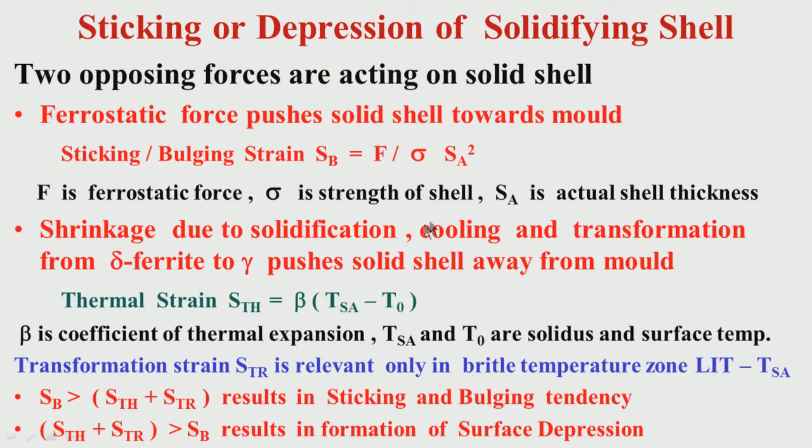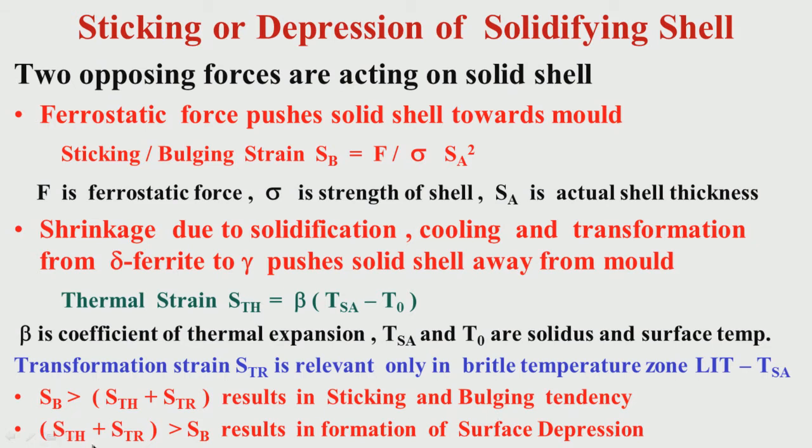Solidification and cooling you can find out from the temperature effect, and transformation is due to the transformation from delta ferrite to gamma. Both strains together have to be looked into. If SB, the bulging strain, is more than the summation of thermal and transformation strain causing shrinkage, then it is a sticking or bulging grade. That particular grade will have sticking and bulging tendency.